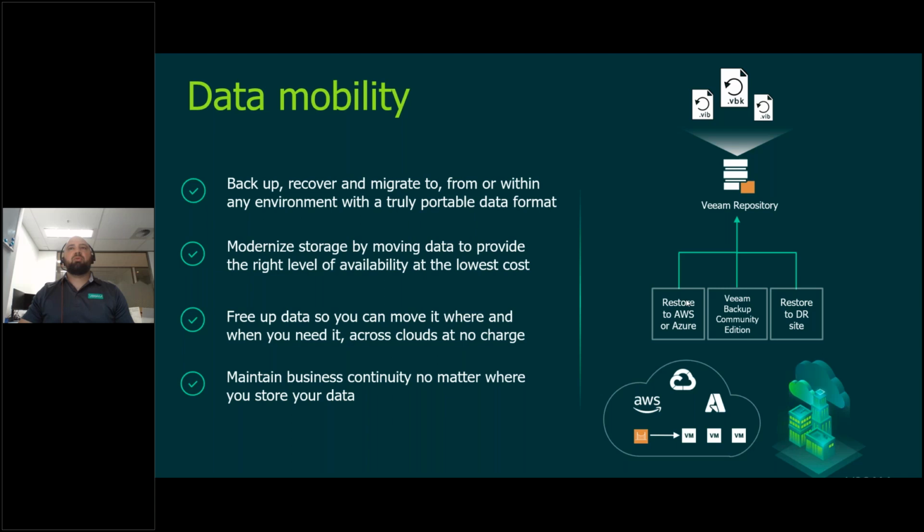We're able to recover that data because we have independent backup files. Veeam's backup files are independent. There's no catalog that we rely on, which means even if, let's say, you can see my.